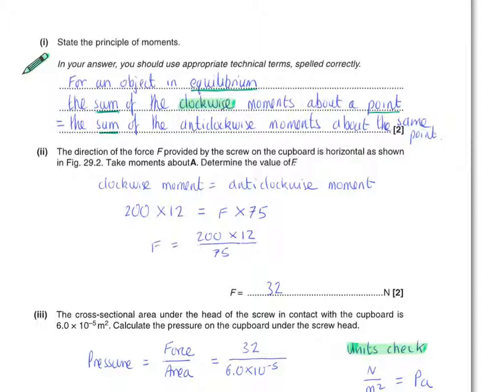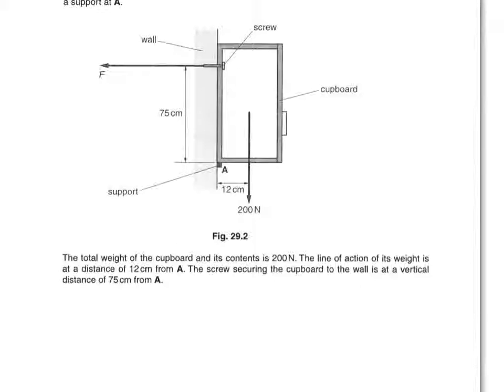Next we have a calculation, so we're going to use the principle of moments to find the unknown force F. The clockwise moment, if we look back at the diagram, was 200 newtons acting at a distance of 12 centimetres. So we multiply these two values to get the clockwise moment.